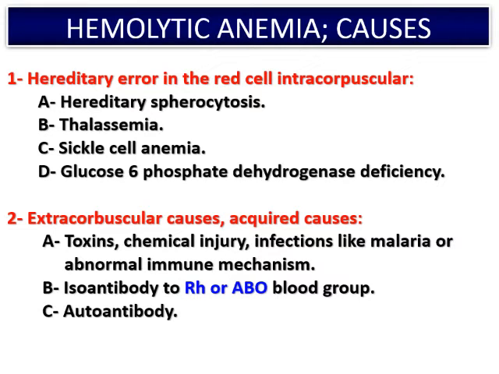Acquired causes, I call extracorpuscular. These are causes from outside the red blood cells that can affect them and cause their destruction, like toxins, chemical injury, autoantibodies, and RH or ABO incompatibility in blood transfusion.